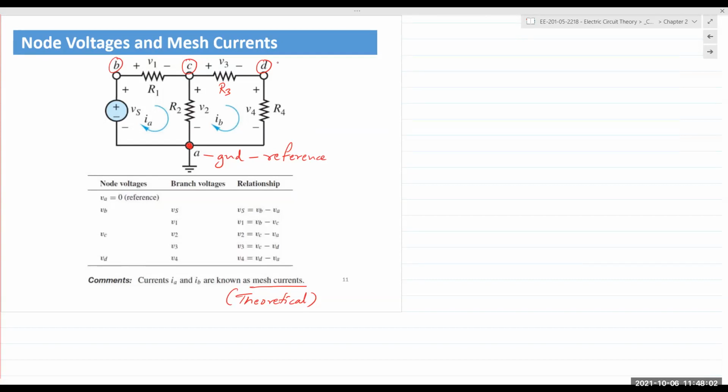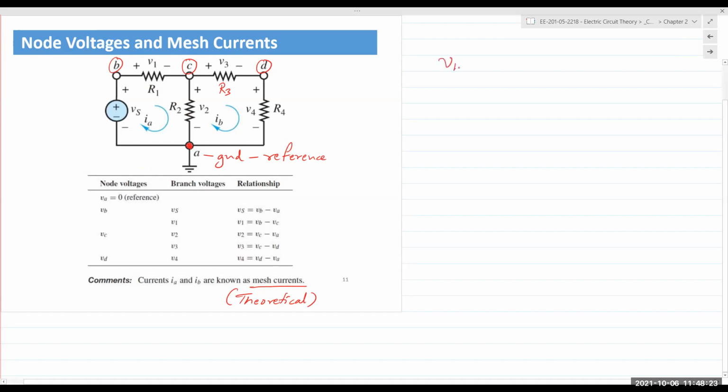Then we look at nodes B and A. We see the voltage source Vs is connected between B and A. So it automatically means VB is equal to Vs. Automatically.